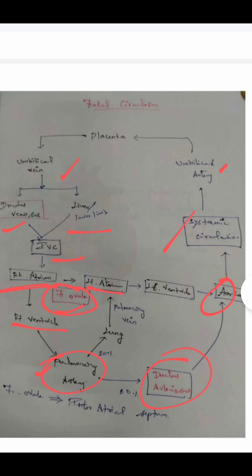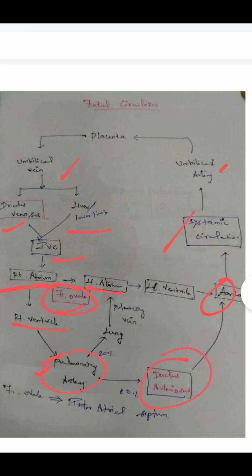Okay, it bypasses, and that means it also carries blood to the right ventricle. From the right ventricle, it pushes the blood to the pulmonary artery. But only 20% of blood enters into the lung. Most, 80% of the blood, enters directly into the aorta through the ductus arteriosus. That means the connection between the aorta and pulmonary artery.